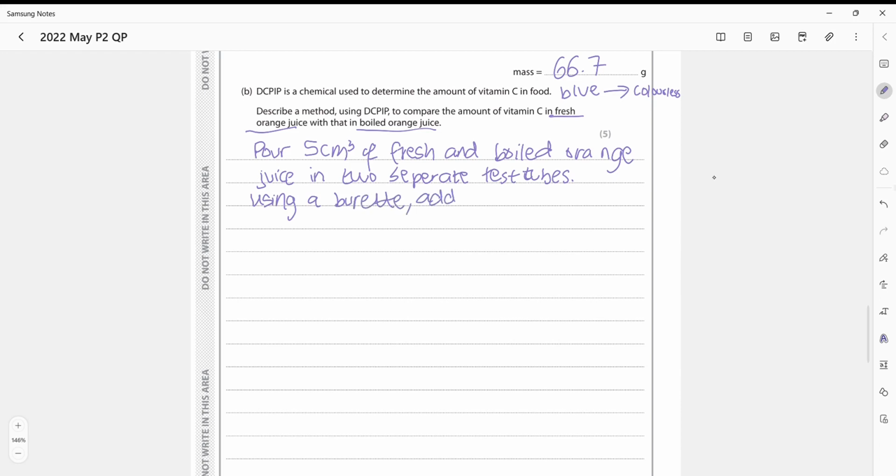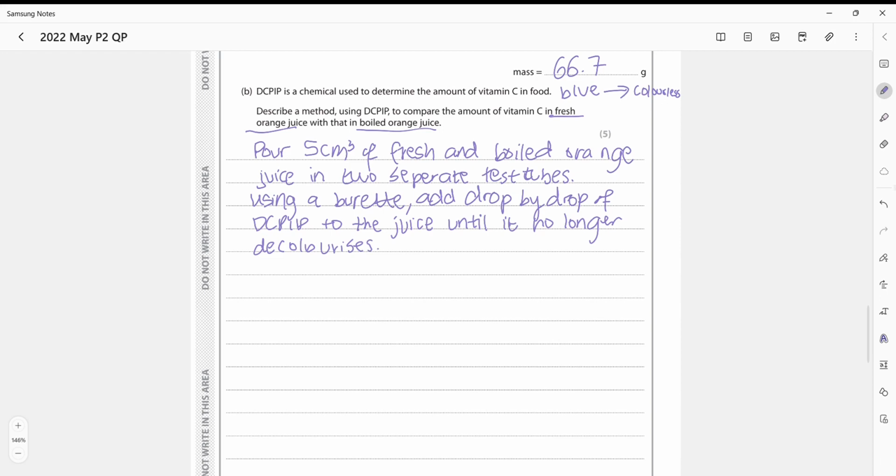Add DCPIP drop by drop to the juice until it no longer decolorizes.